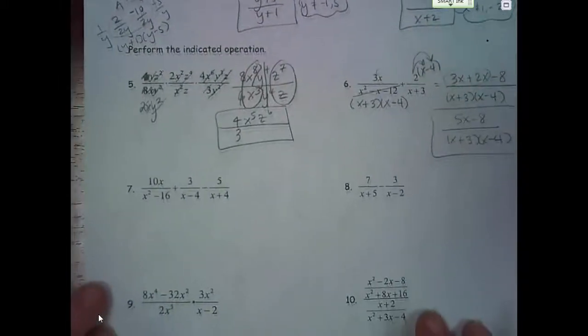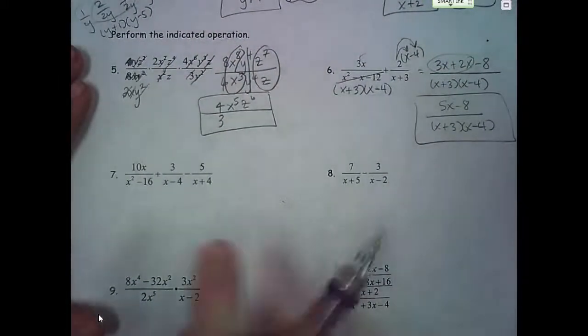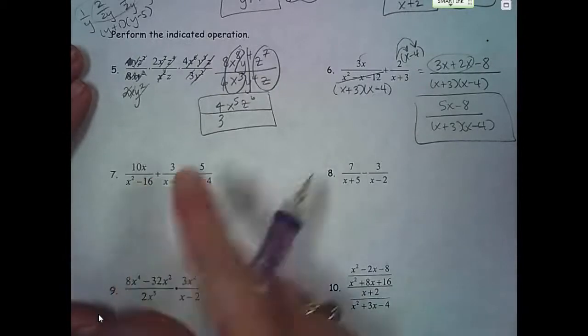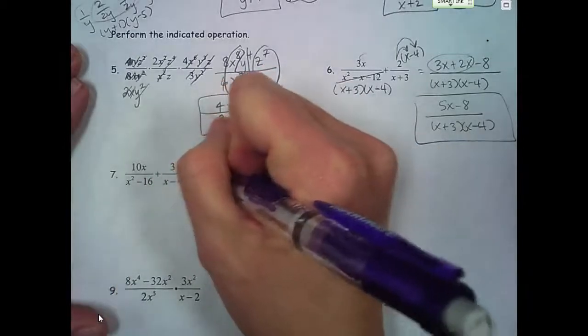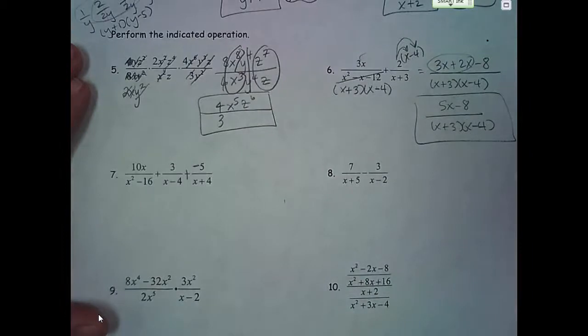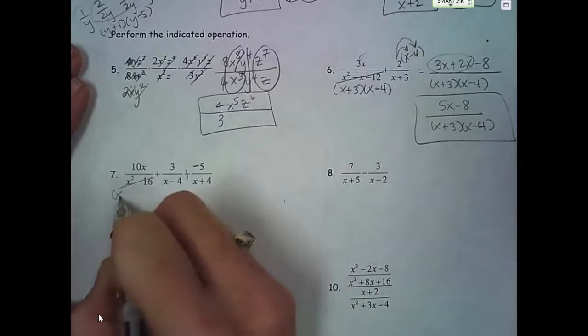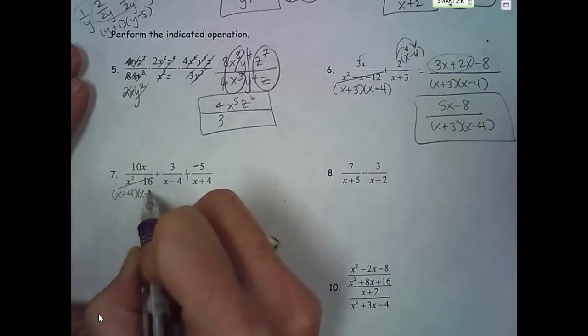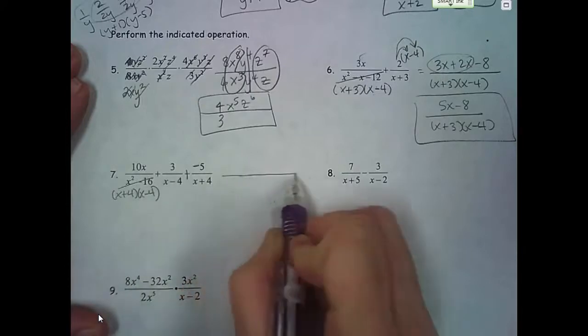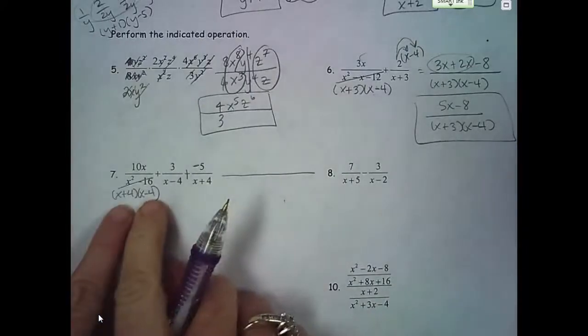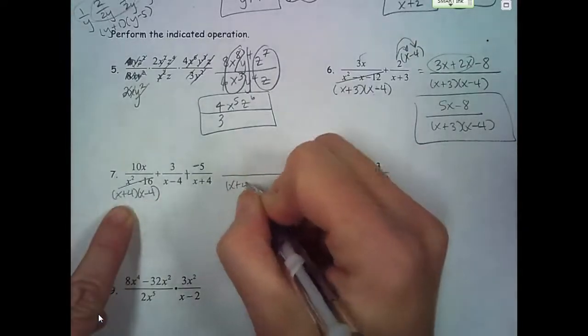Number 7. On 7, again, it's an addition, and I see subtraction. So I'm going to go ahead and take care of that right now so I don't forget it. All right? And in order to get a common denominator, we have to look at the denominators and factor them. It makes it easier. So this is going to be x plus 4, x minus 4. My denominator then, this first fraction has an x plus 4 and an x minus 4.